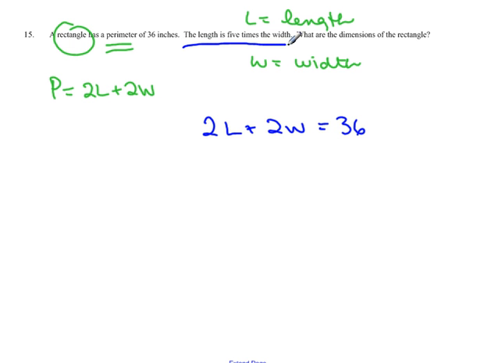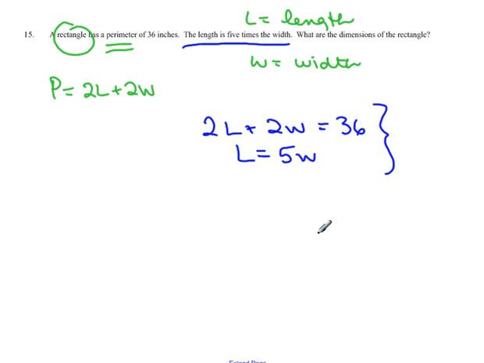The second equation comes from the next sentence. It's just a direct translation. The length is, that's L, equals 5 times the width, 5W. Now you have a system of equations that you can choose any one of the algebraic techniques to solve.